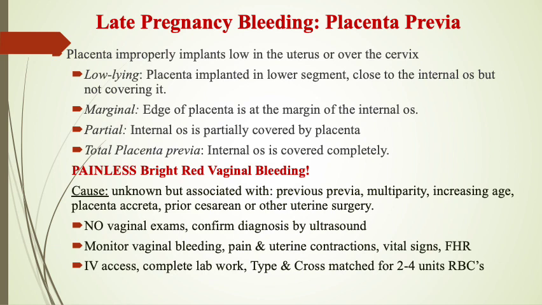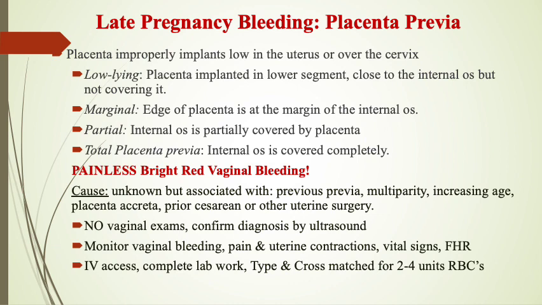It has to do with the attachment of the placenta, where it is attached. So you have improper implantation of the placenta around the lower segment of the uterus or over the cervix. So pretty much the placenta is covering the cervical opening or the cervical os.